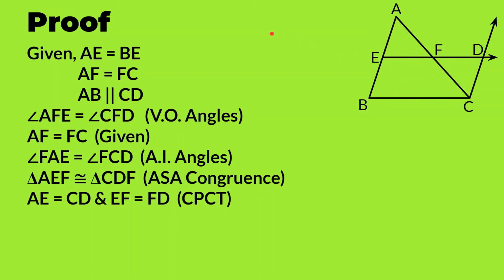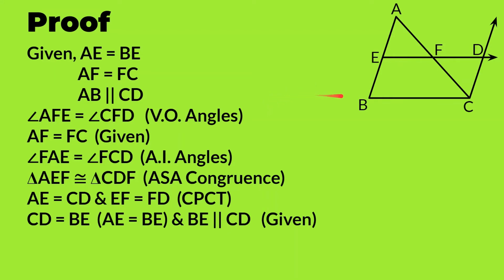So after this we can write that AE is equal to CD, this is equal to this, and EF is equal to FD, this is equal to this, because they are corresponding parts of congruent triangles. So from this we can find that CD is equal to BE, because AE is equal to BE, which is already given, and AE is also equal to CD, so CD is equal to BE, and BE is parallel to CD, that we already know because these two lines are parallel.